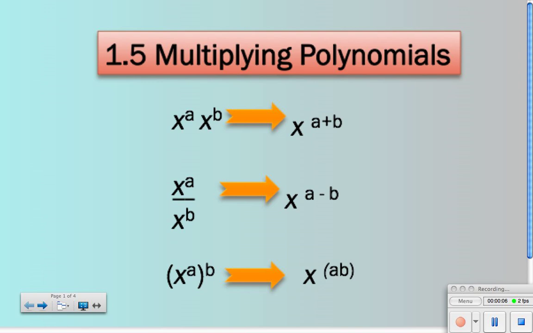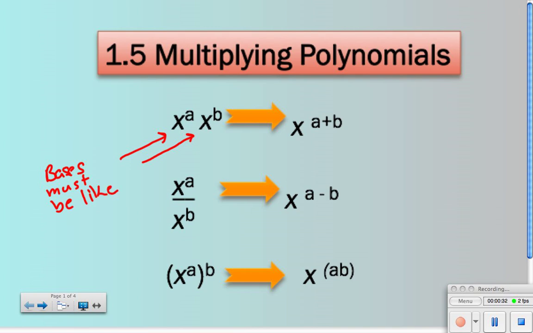Okay, today we're doing multiply polynomials, and if you remember from Algebra 1, we have some rules here. The first one is when you're multiplying polynomials, the bases have to be the same. So we call them bases must be like.